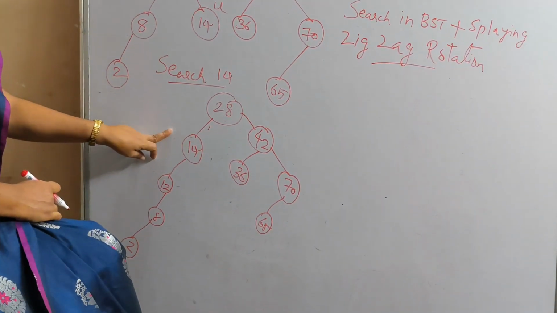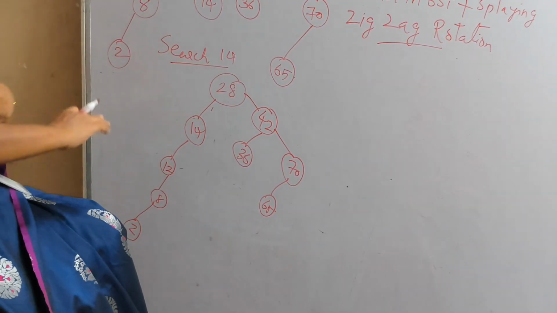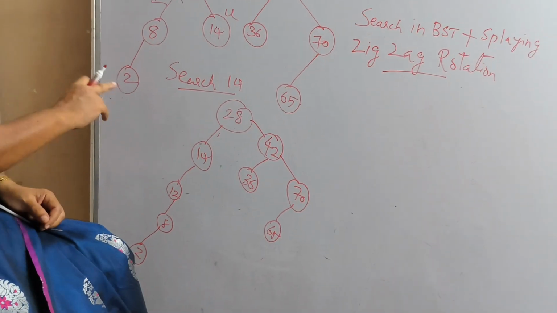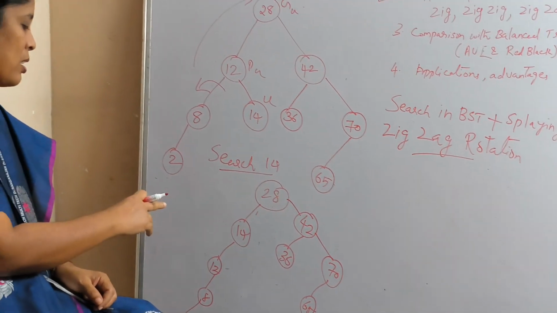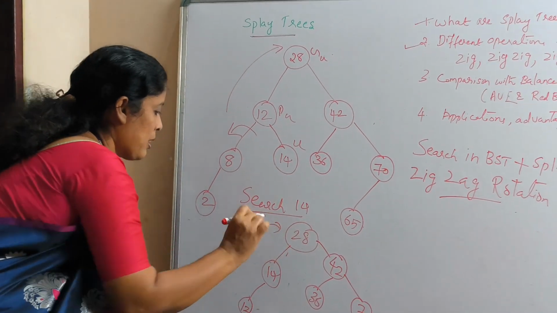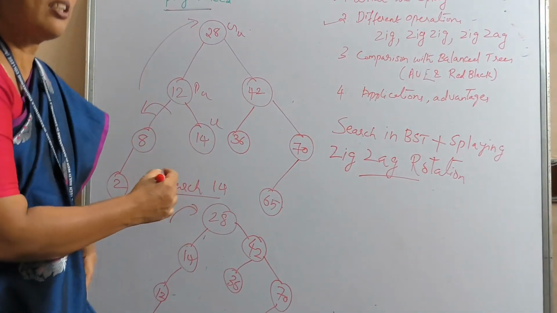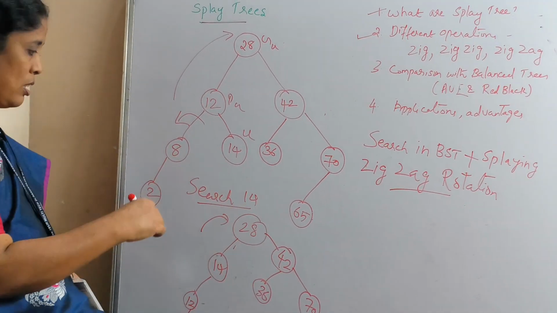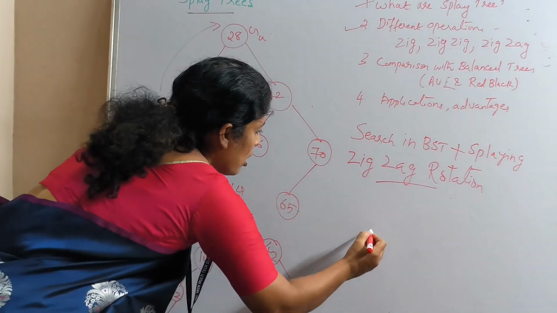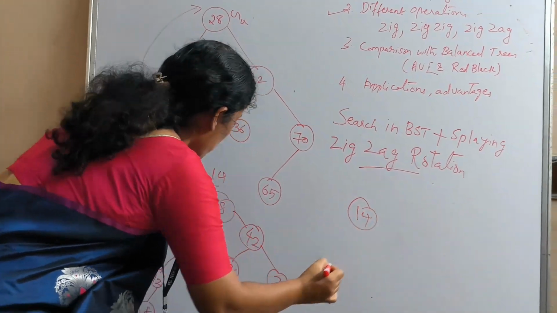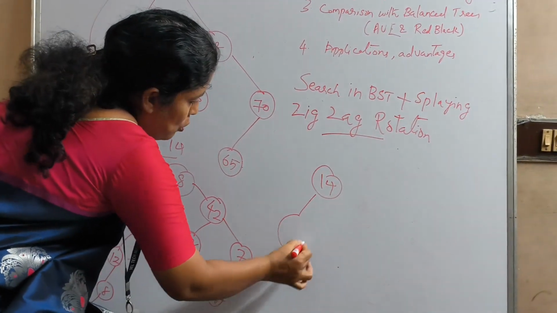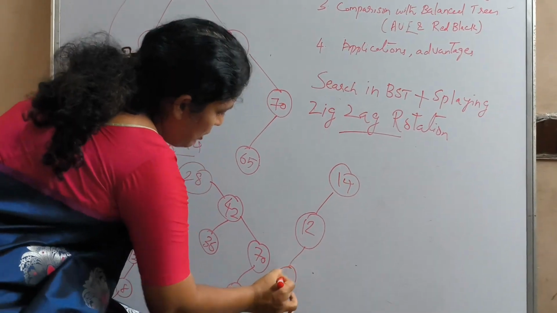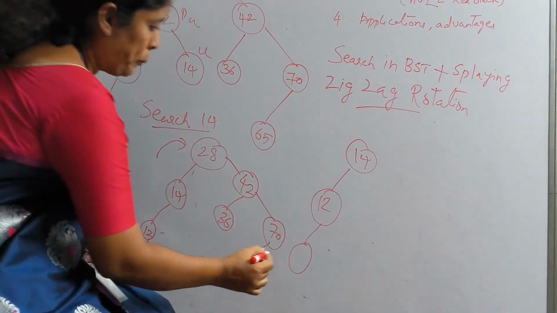Now again we have to go in for one more rotation, that is a right rotation. So you do one right rotation towards this side. This one we have already seen in balanced binary search trees, with AVL trees and red black trees. Now 14 will come to the root, and on your left side there is no change: 12, 8 and 2.